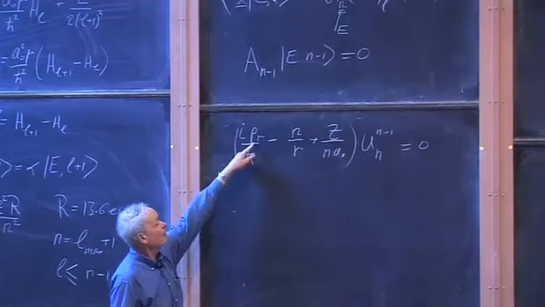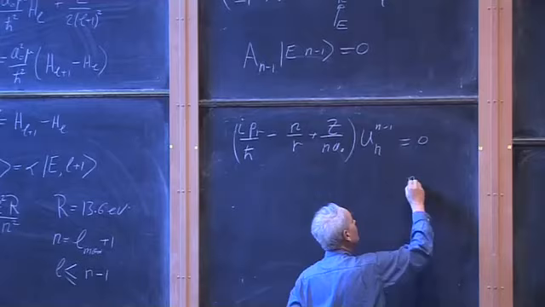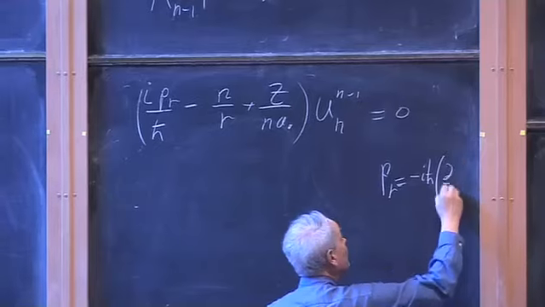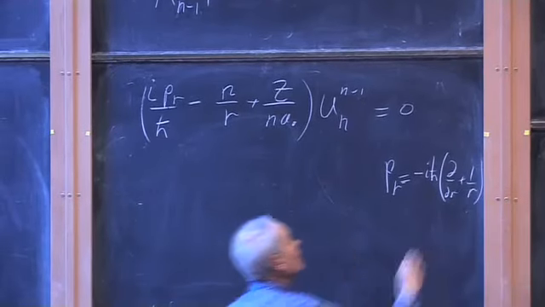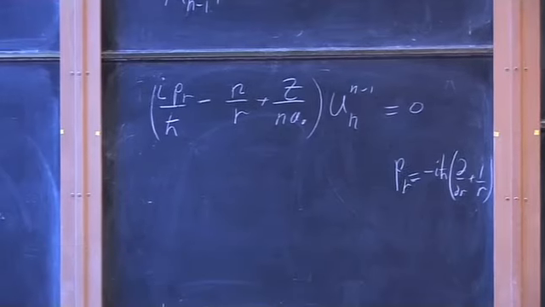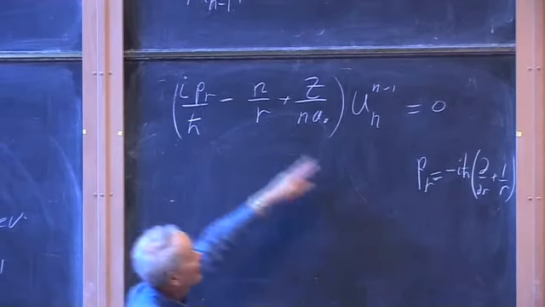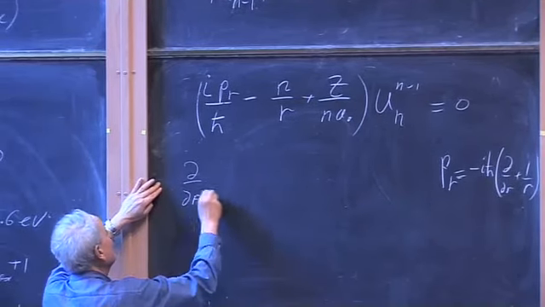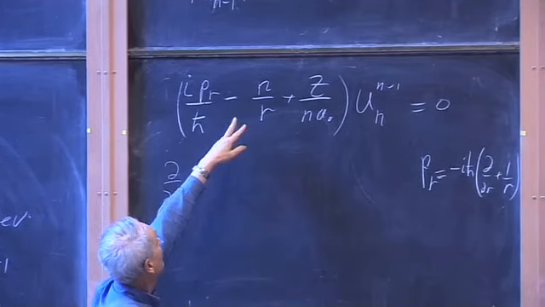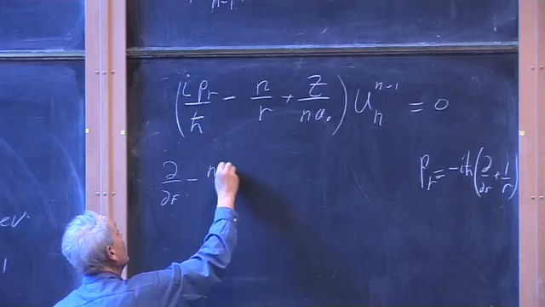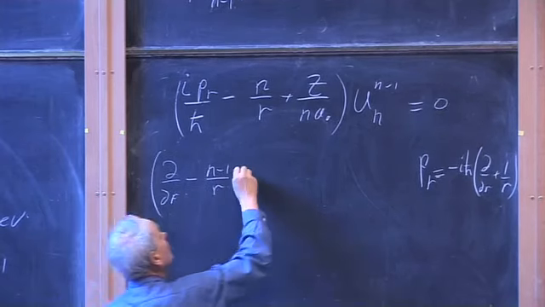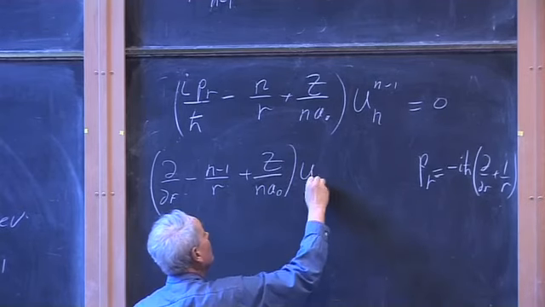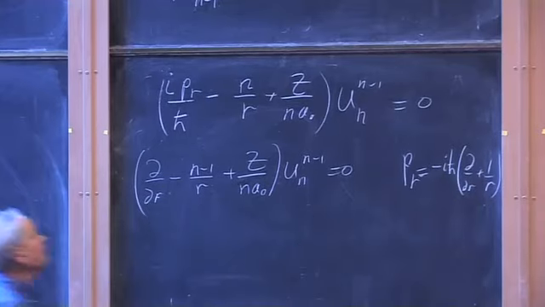Now we know that p_r in the position representation, as we figured out, is minus i h bar (d/dr plus 1/r). So we put that into this equation. The i and the minus i make a 1, and the h bars cancel. So we're looking at d/dr plus 1/r, minus (n minus 1)/r, plus Z over n a_0, acting on u_{n-1}, giving nothing.